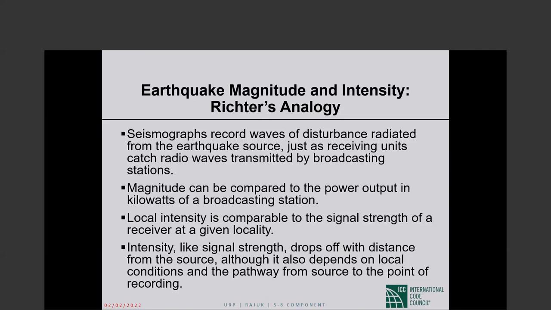That's easily understandable, right? Close to the broadcasting station, you will catch a stronger signal than away from the broadcasting station. So intensity, like signal strength, drops off with distance from the source, although it also depends on local conditions and the pathway from the source to the point of recording.